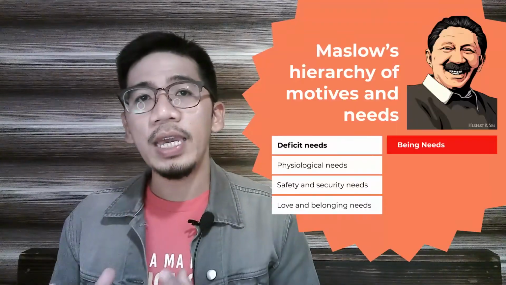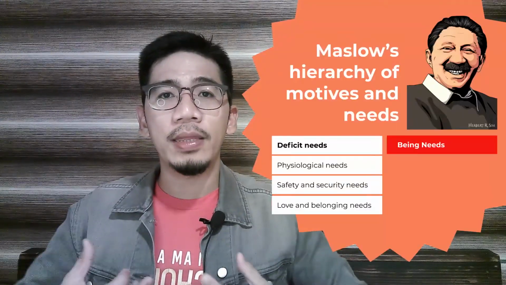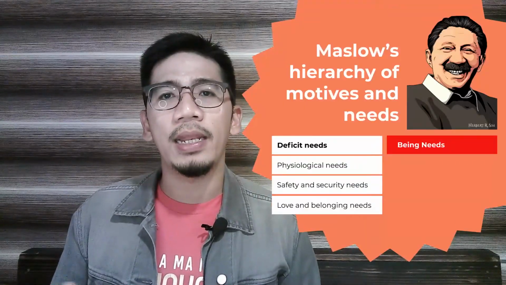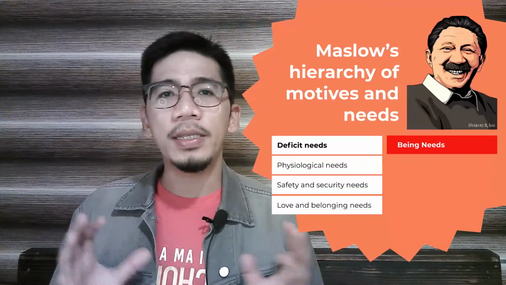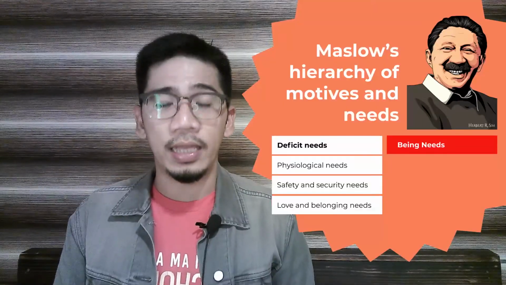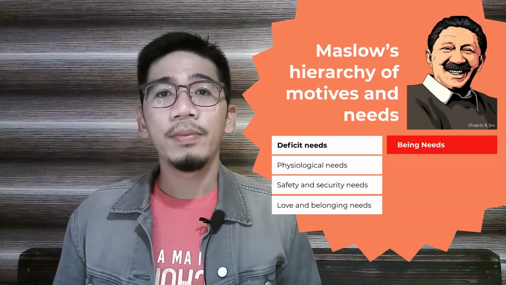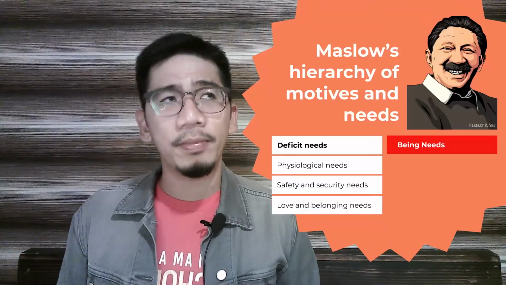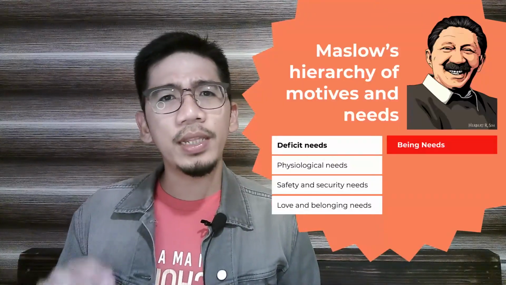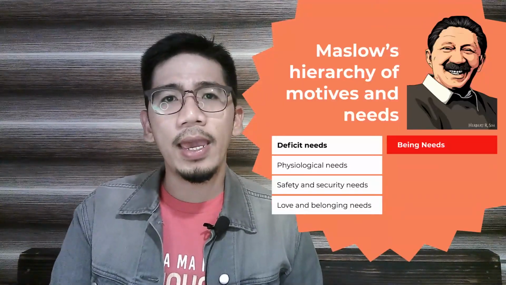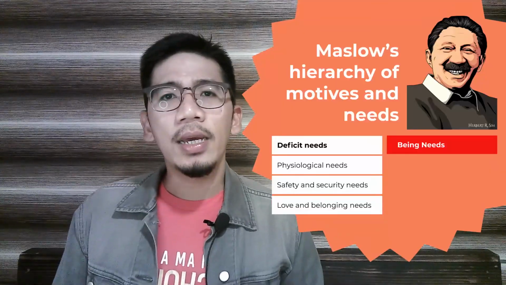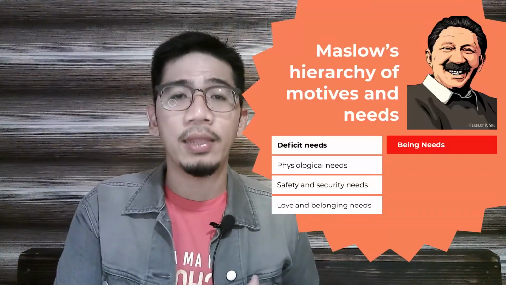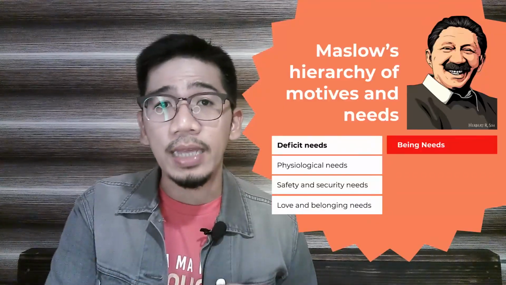He or she may be provided for materially and find the classroom and family life safe enough, but still miss a key ingredient in life: love. If such a student, or anyone else for that matter, eventually does find love and belongingness, however, then his or her motivation shifts again, this time to esteem needs.